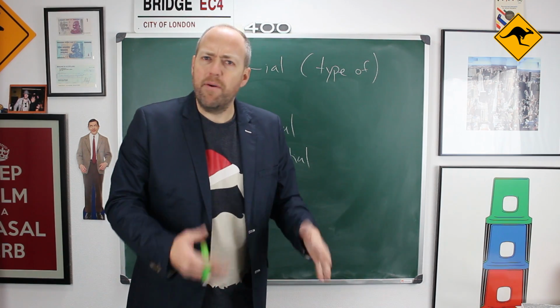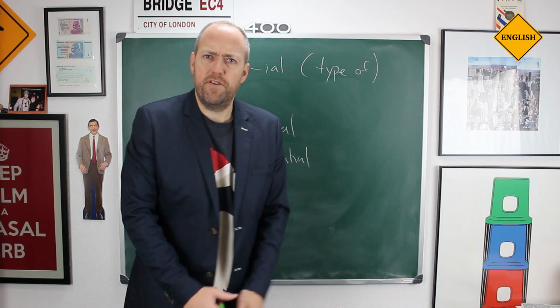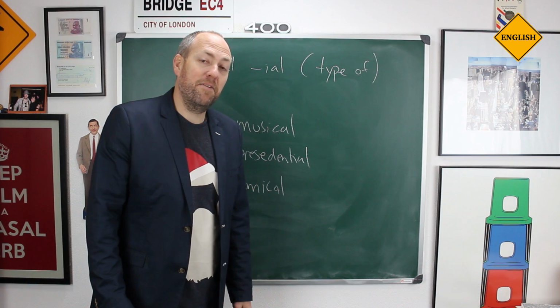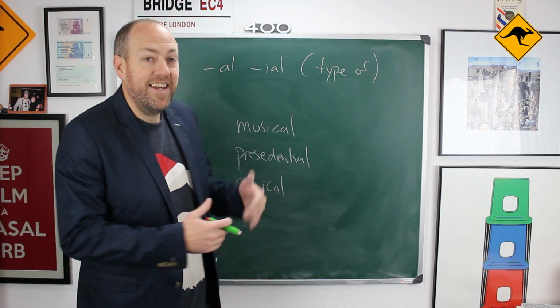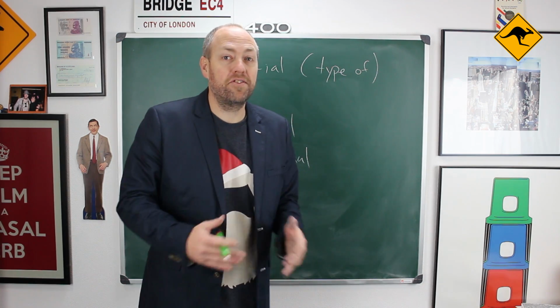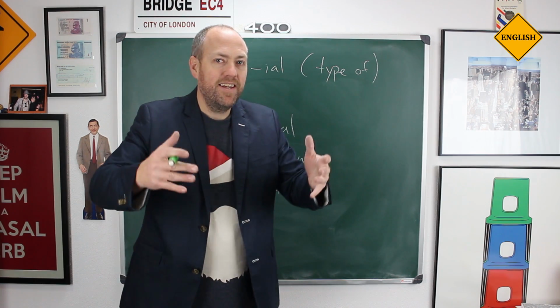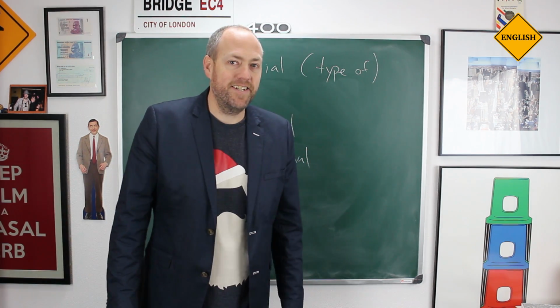It's a characteristic, a type of presidential behavior. Or comical. Maybe you have a friend and he is very funny, okay, always making jokes. He's a comical person. He's in the category, he's a type of funny person, a type of comedy.